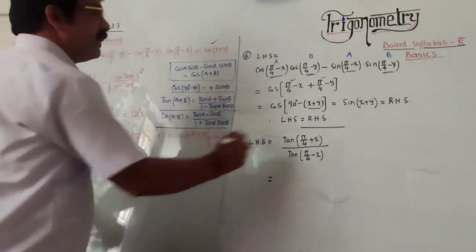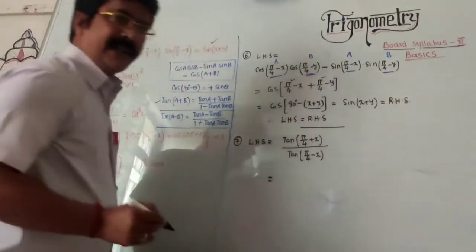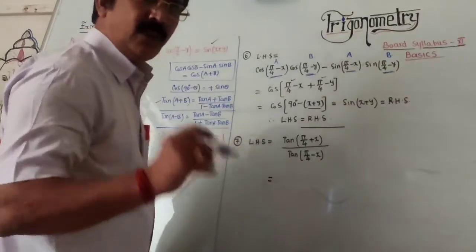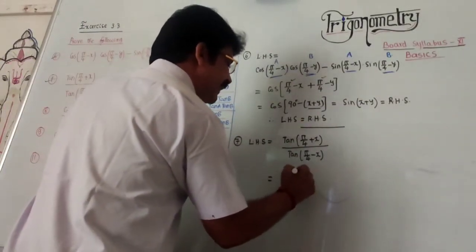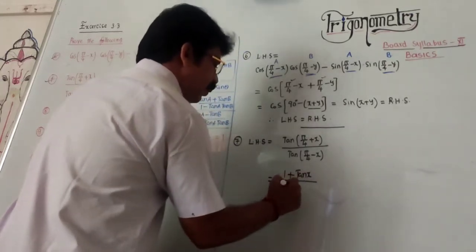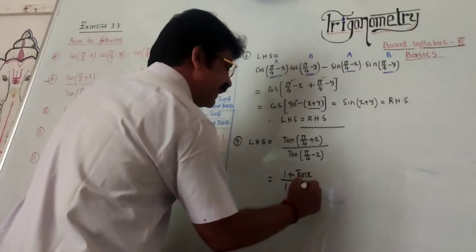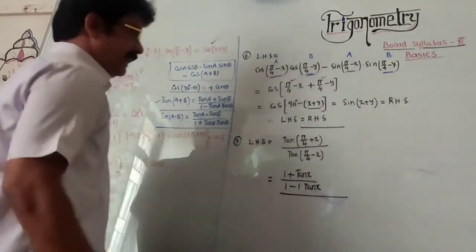Here in the numerator we are using this formula. So tan A, shall I write directly? Tan 45 degrees equals 1. So therefore (tan A + tan B) divided by (1 - tan A tan B) is the numerator.